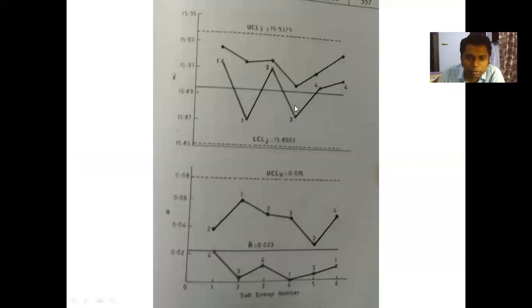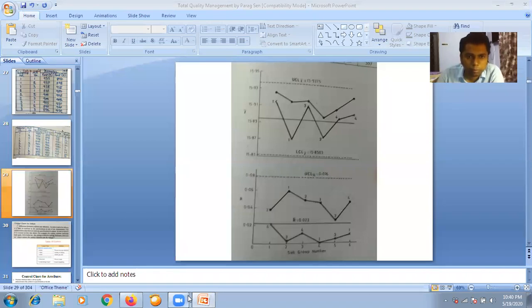In this way you need to do the pointings. Thanks for watching.